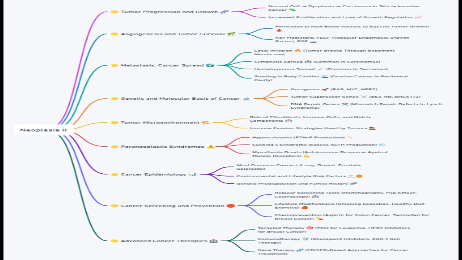With aldosterone excess, there's usually hypertension, hypokalemia, and metabolic alkalosis, that's in Conn's syndrome. And with androgen excess, we have hirsutism and virilization in females.